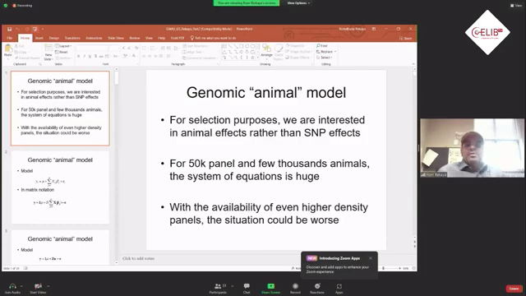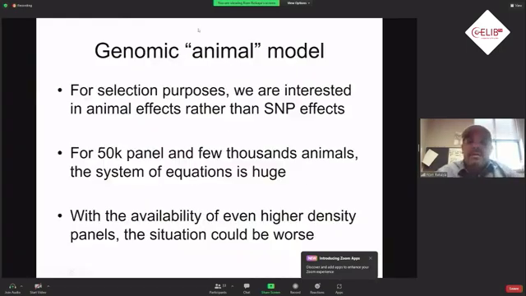Okay, so now I will be talking about a second way of how we implement genomic selection, and it's philosophically a little bit different from what we have been talking about so far. Remember, in all the methods I talked about up to now, we assumed that we're going to fit a regression model or an association model where we put the effect of the SNPs directly into the model.